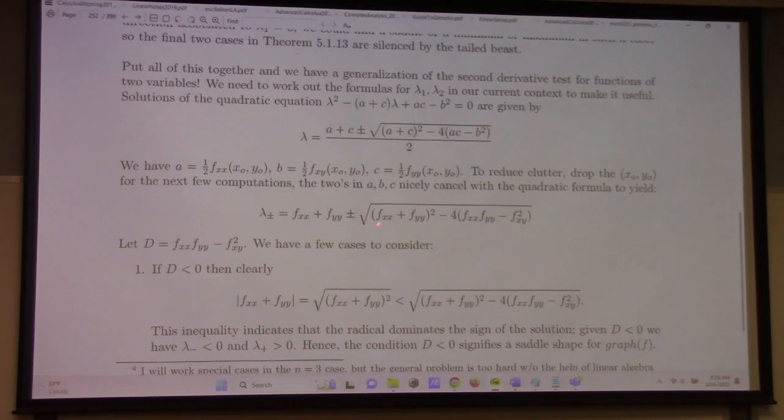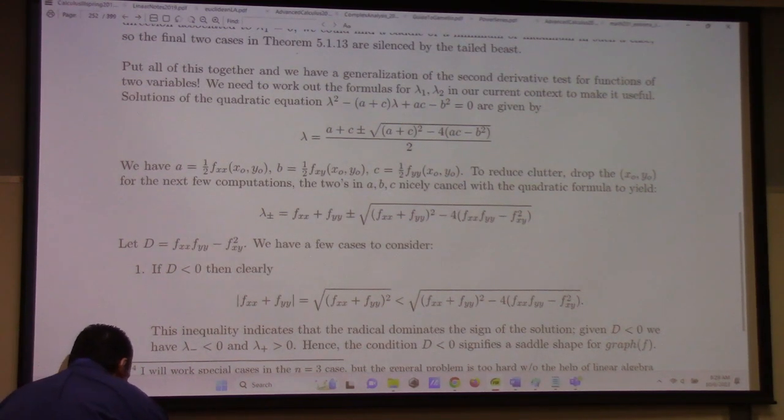And then, basically this thing right here, traditionally, like in Stewart, for example, and pretty much all the other calculus books, is called D. It's the Hessian. Just to point out what that is, if you've had linear algebra, great. If you haven't, it doesn't really matter too much.